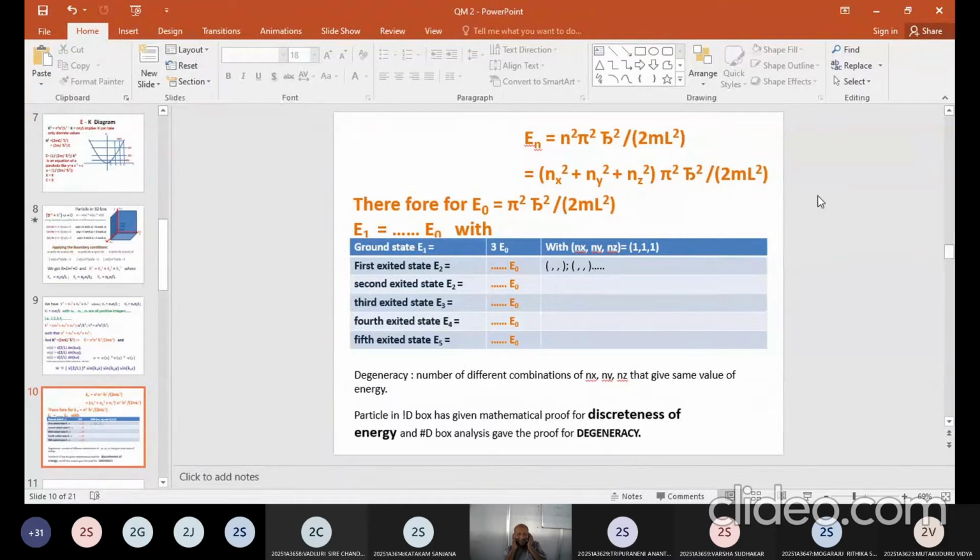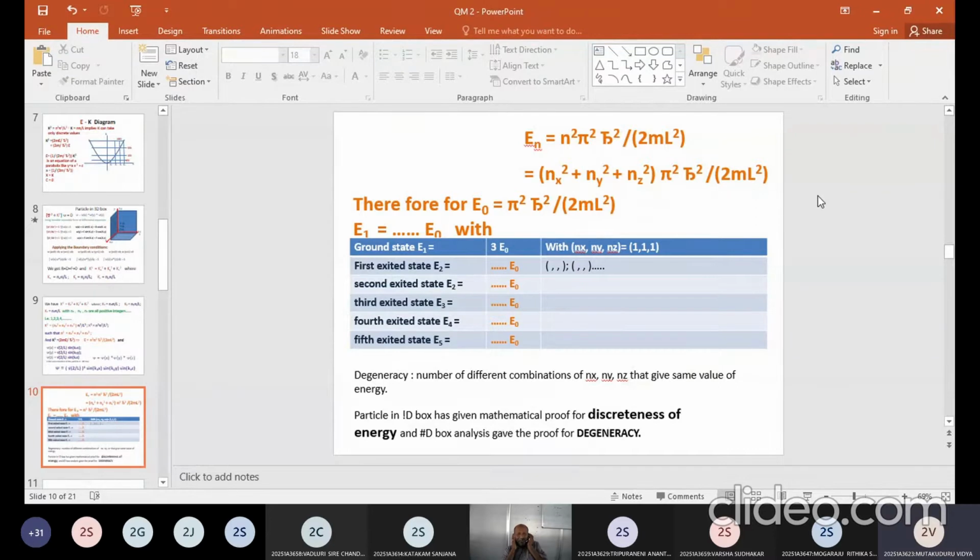Use your brains. 10, 9, 8, 7, 6, 5, 4, 3, 2, 1. Nobody answered. So I'll give you a hint. What all values can Nx, Ny, and Nz take? And should they be equal?